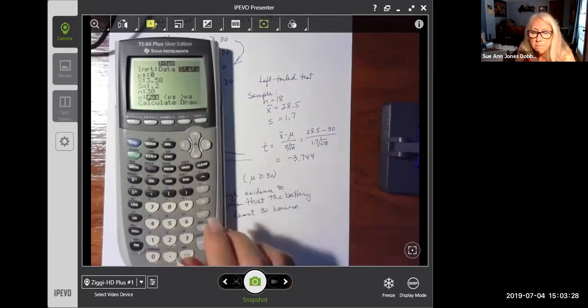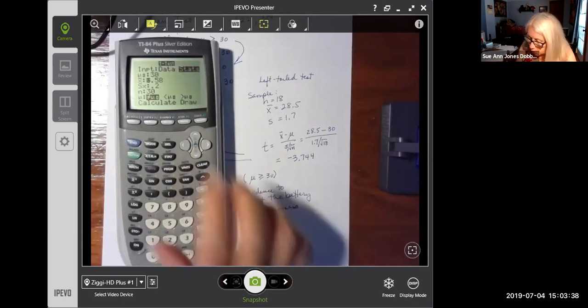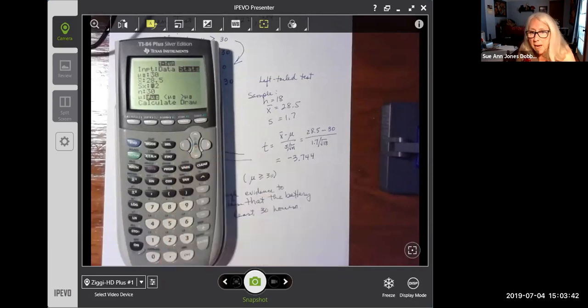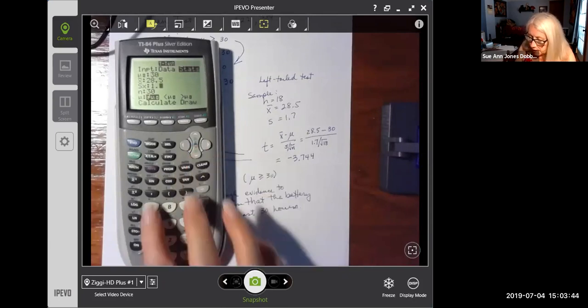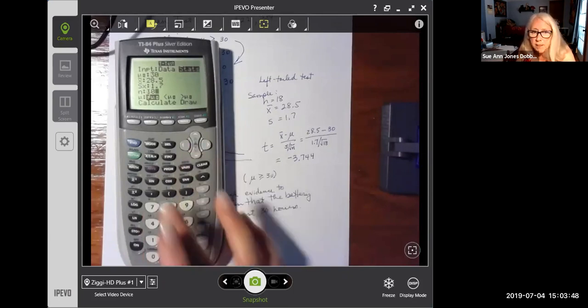The mean sub 0 means the number of the claimed mean in the null hypothesis. Well, that was 30. Then X bar was 28.5. Then S is the standard deviation, that's 1.7. Then N was 18 because they did 18 players.